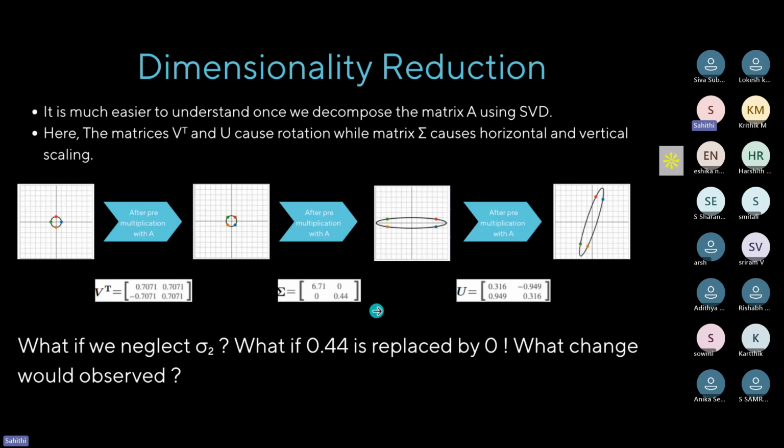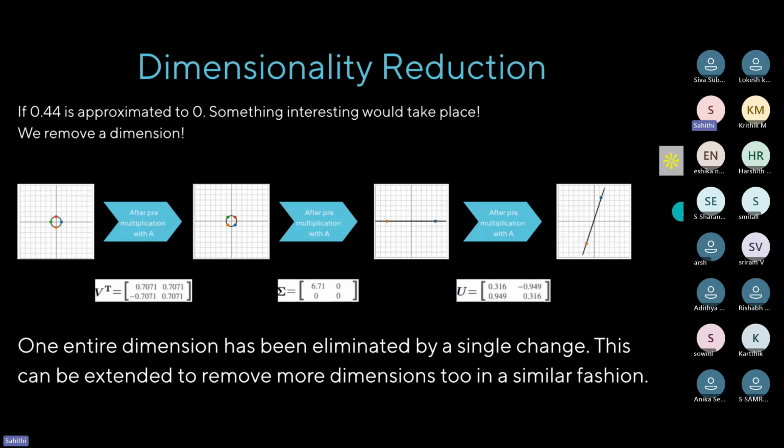Let's say we're replacing it with 0. What do you think would happen? Basically, when 0.44 is approximated to 0, we lose a dimension in the final case. Initially the data points are represented in a 2-dimensional frame.